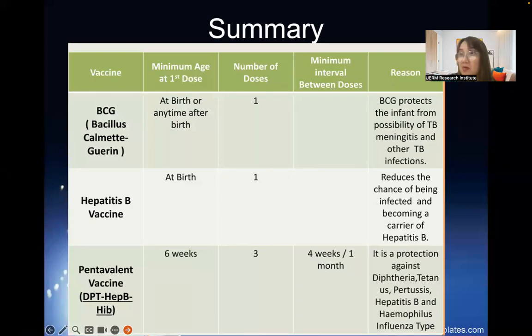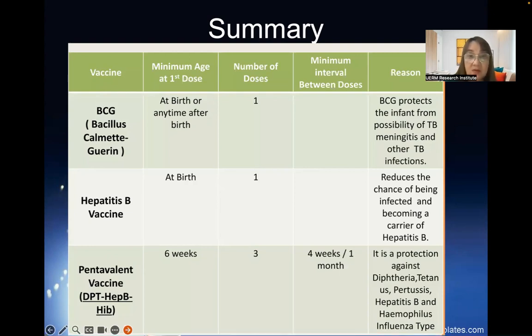So this is the summary of the vaccines: the minimum age at first dose, the number of doses, the minimum interval between doses, and what the vaccine does to the child. BCG is given at birth or anytime after birth, 1 dose. It really just protects the infant from the possibility of TB, meningitis, and other TB infections.